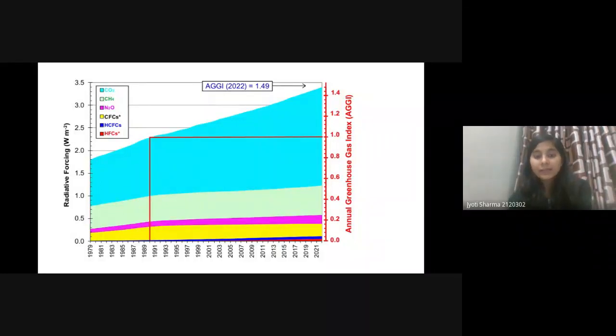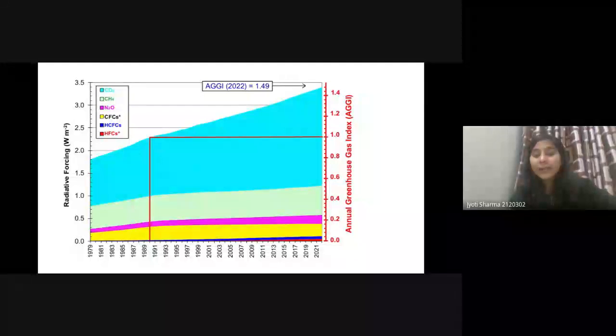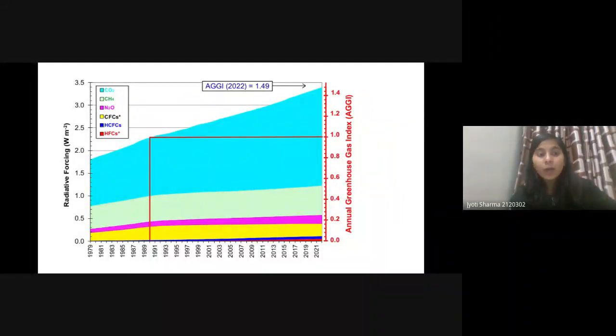Here there are some different metrics by which, from this radiative forcing, you calculate your annual greenhouse gas index, and you can say that from 1990 to 2022, if it is 1.49, it means 49% warming has been done from 1990 to 2022. So this number is related to that. That's how you can calculate this AGGI.